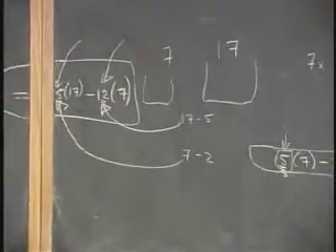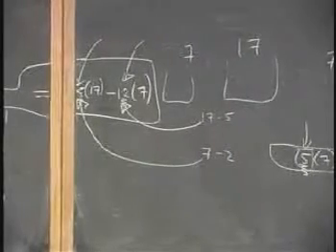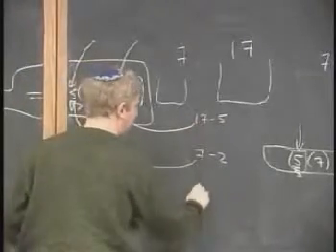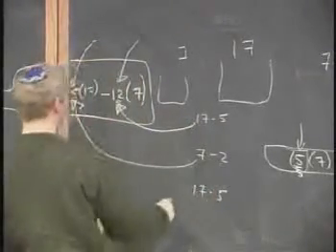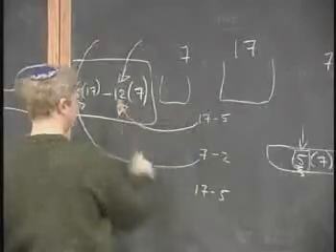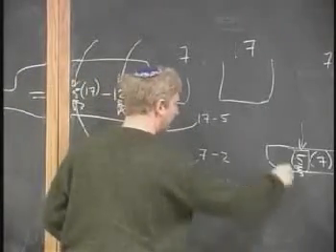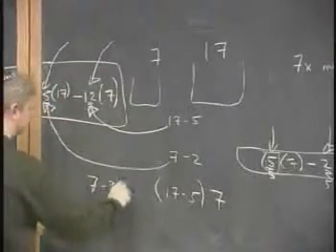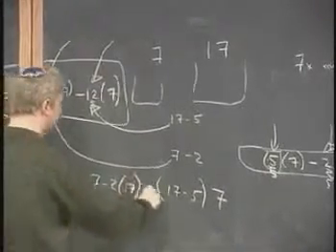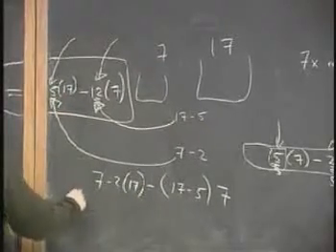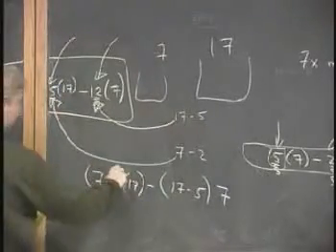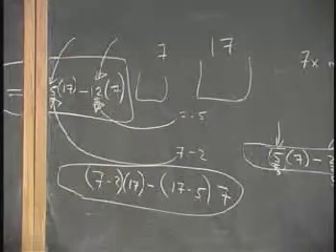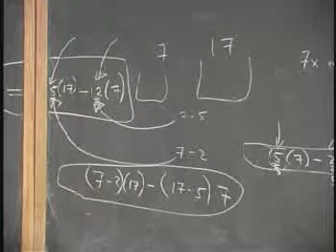Now that shouldn't be a surprise, and I want to convince you that it's not magic, that it actually makes a lot of sense. Let's take 17 minus 5 and put it in front of 7. And let's take 7 minus 2 and put it in front of 17. Let's multiply this out.